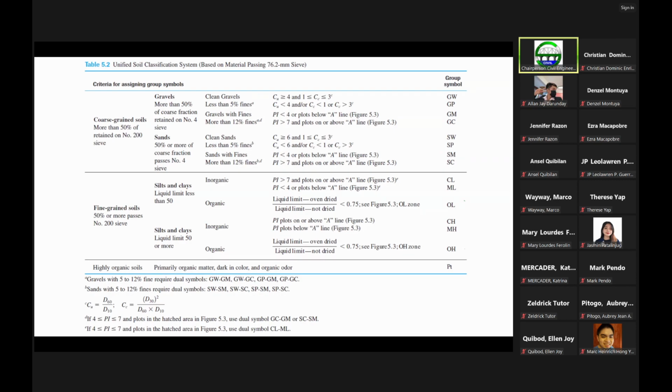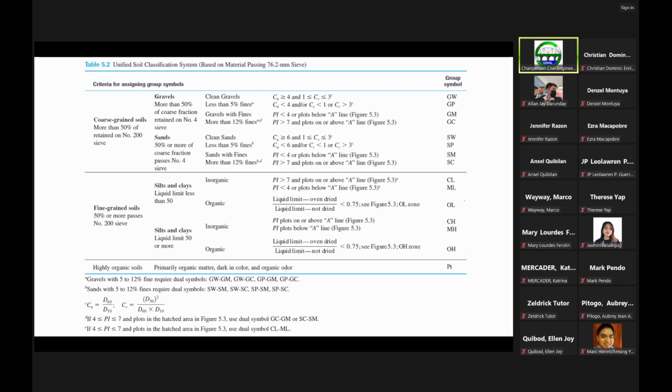If more than 50% of the coarse fraction is retained on the number 4 sieve, then we consider it as gravels. But if 50% or more of the coarse fraction passes the number 4 sieve, then we call it the sands.